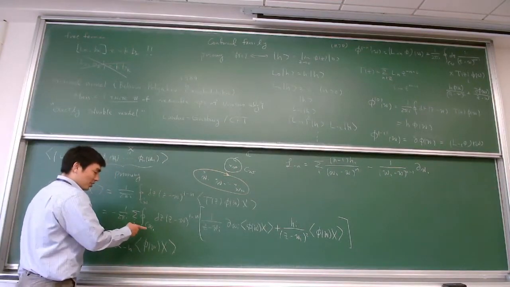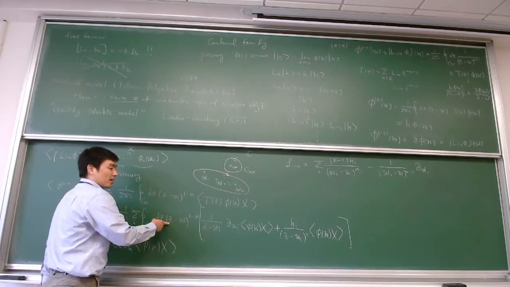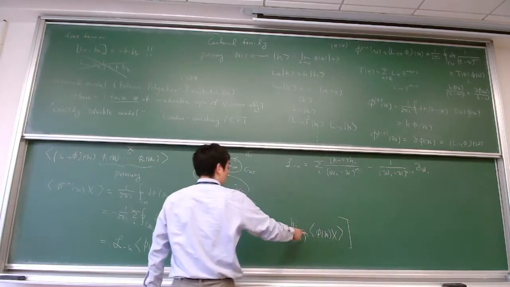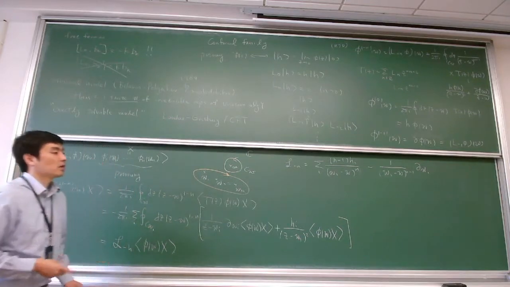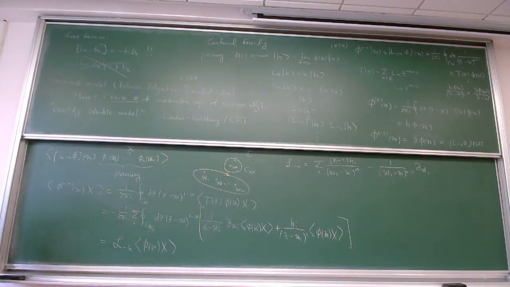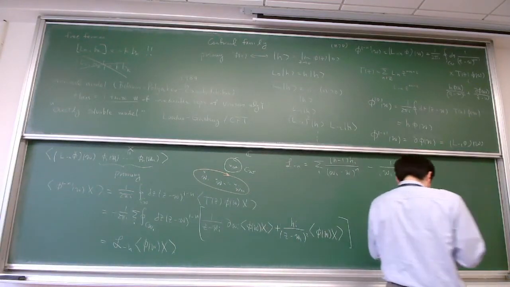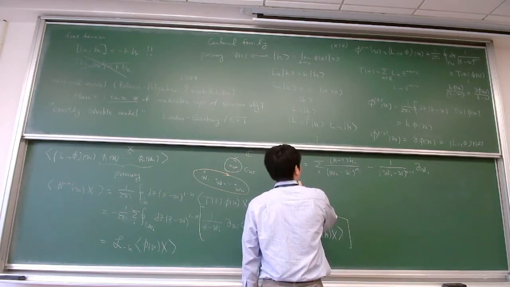So you just do the contour integral around W_i, plug in z equal to W_i, and that will give you this guy. On the other hand, here you have a second order pole, so you have to take a derivative. If you plug in n equal to 1, you will get the desired property.